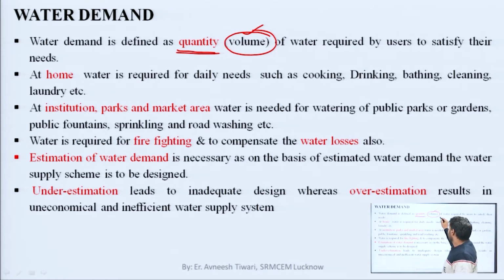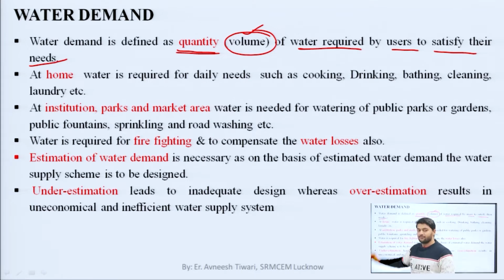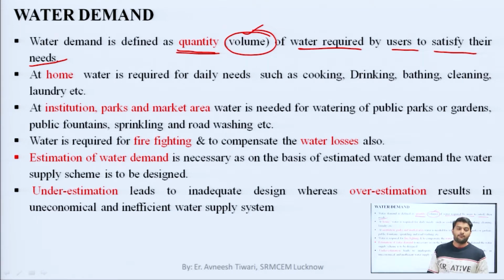Water demand is the quantity or volume of water required by a user to satisfy their needs, and the needs may vary. At a domestic level, our needs will be cooking, bathing, drinking. But if we discuss industries, their needs will be different.